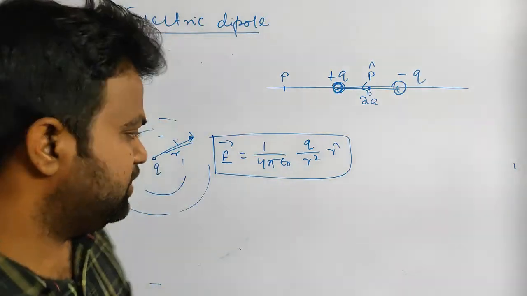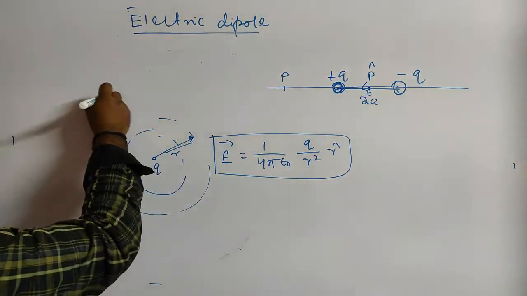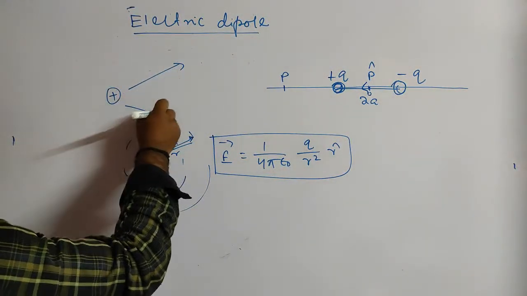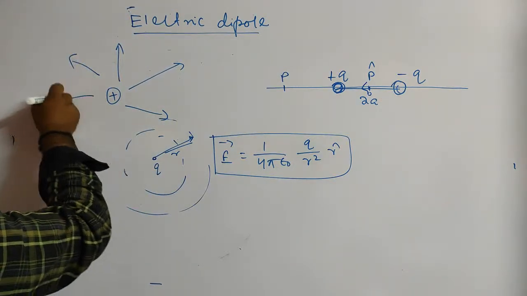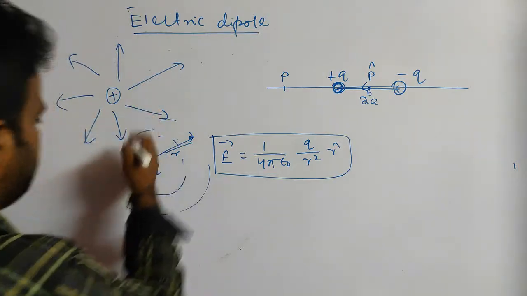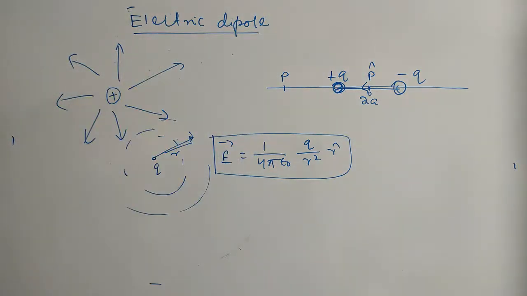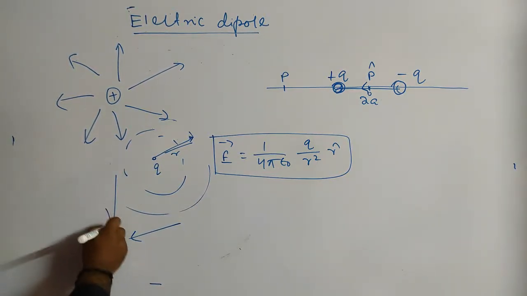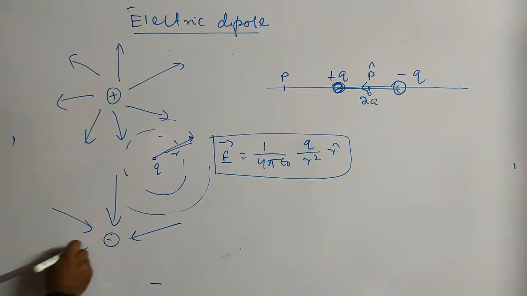We also know from the electric field lines concept, for a positive charge the field lines are outward in nature. For a negative charge the field lines will be inward, towards the charge.